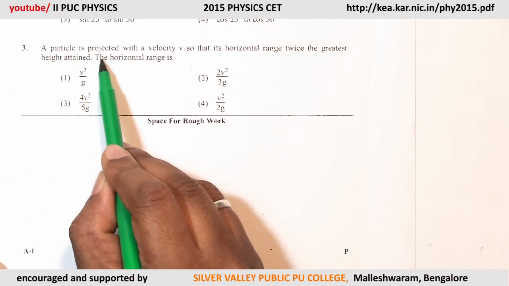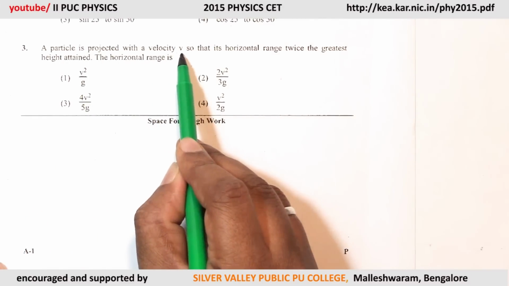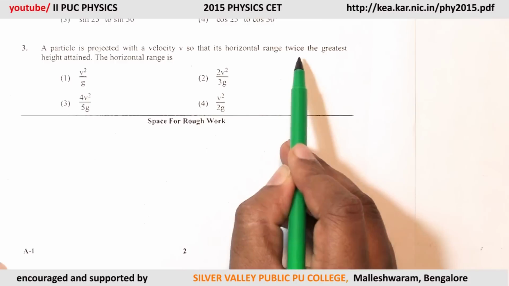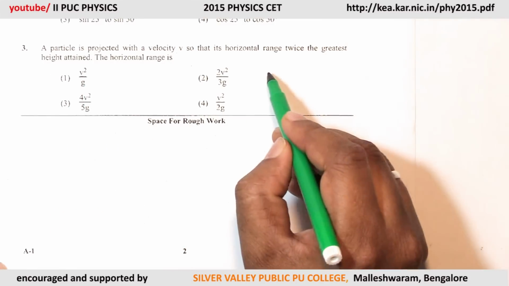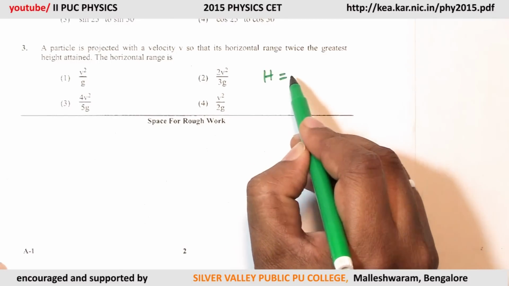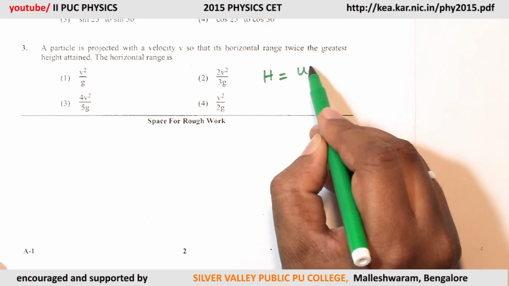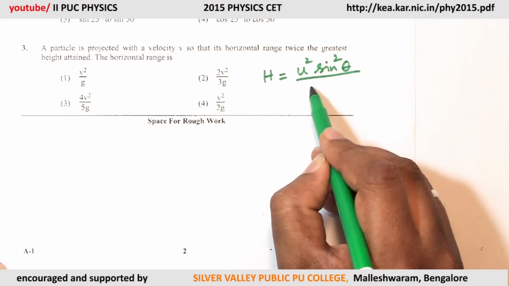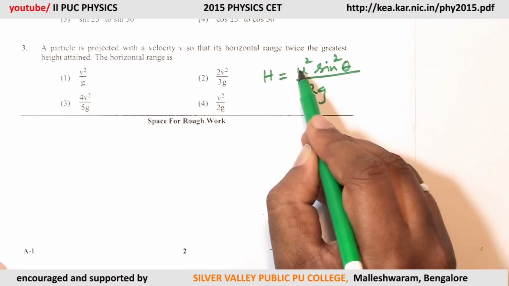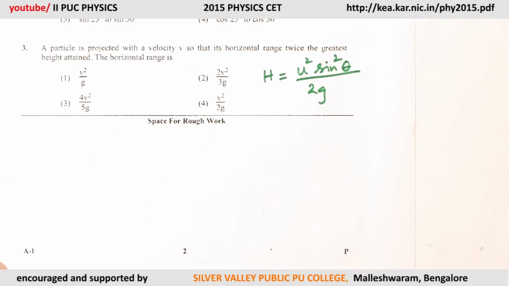A particle is projected with a velocity v so that its horizontal range is twice the greatest height attained. Expression for height is given by u square sine square theta by 2g.